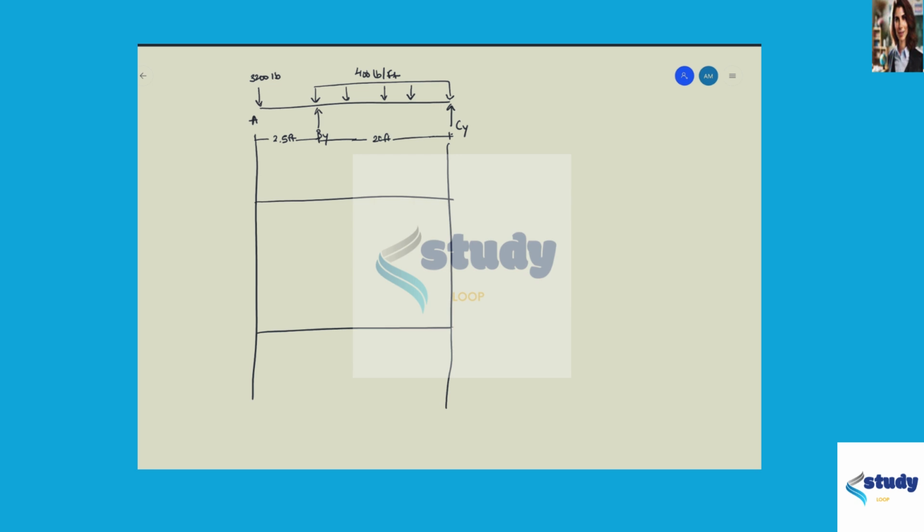Based on the shear forces we had calculated, let me label this also. This is pounds, this is A, B, and that's C. So we come down to negative 3,200. Then we're going to go up to 4,400. And then we go to negative 3,600.